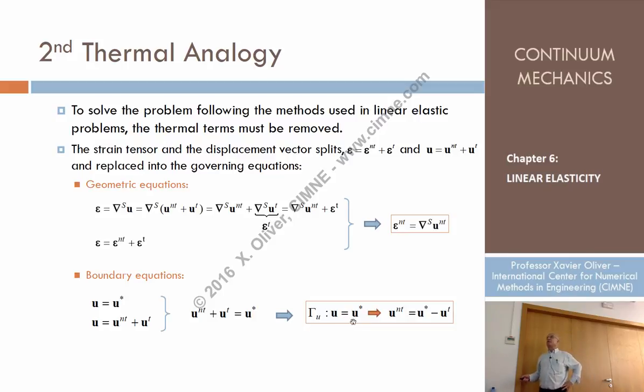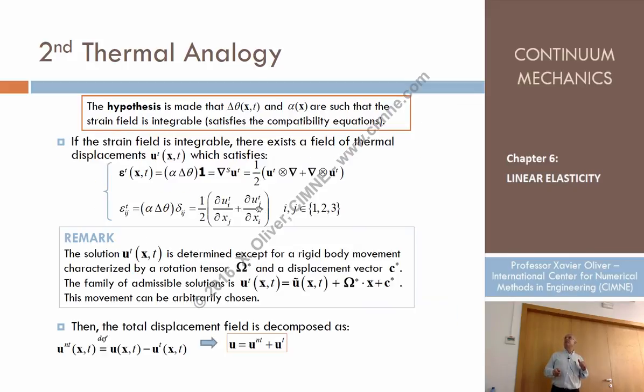So the boundary conditions are rephrased or modified, saying that the non-thermal part of the displacements are equal to the original prescribed displacements minus these thermal displacements at the boundary gamma u that I have computed in this preliminary state like that. Okay? So this is the procedure.